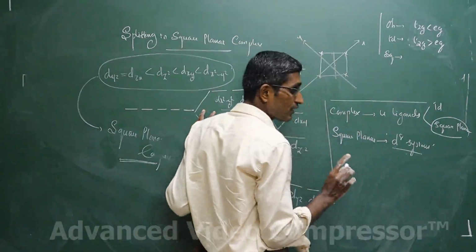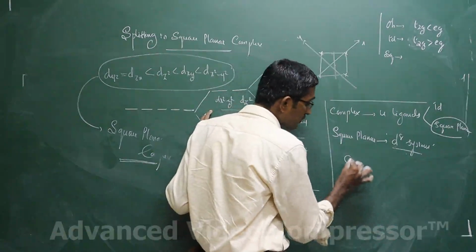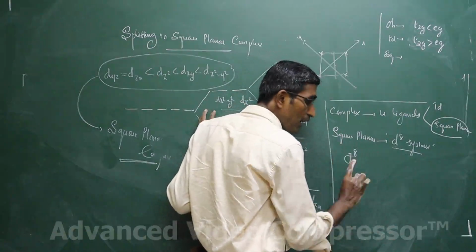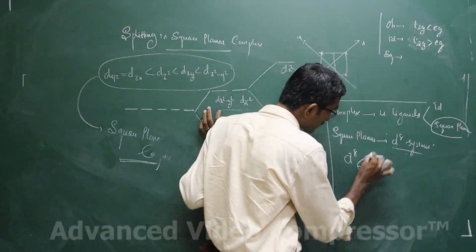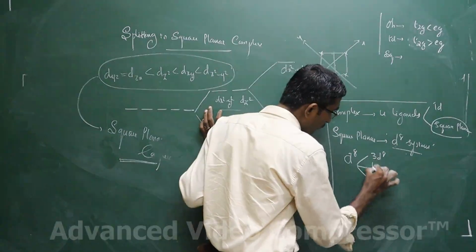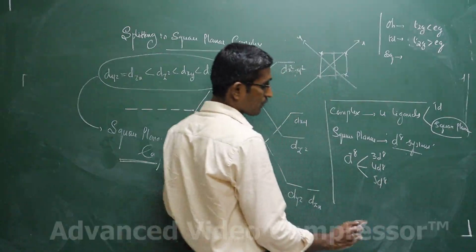In that, d8 means 3d8, 4d8 and 5d8. In the d8 system, remember, only d8 can form it; it may not always form. We have three classes, 3d8, 4d8 and 5d8. It's very important, students, keep it in mind.